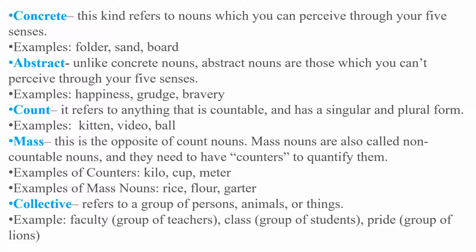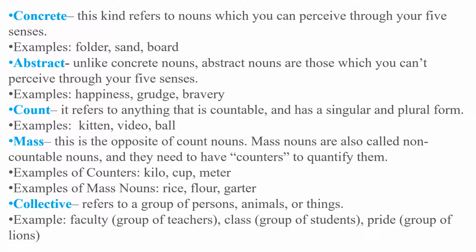Next, concrete. This kind refers to the noun which you can perceive through your 5 senses. For example, folder, sand, board. That means you can touch it, you can see it, you can feel it. That is concrete. And opposite to concrete noun, abstract noun is there. Abstract nouns are those which you can't perceive through your 5 senses. You can't touch it, smell it, hear it, but you can feel it.